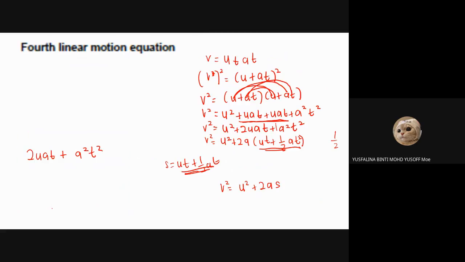For this part, I take out A already, and I know the value here is actually 1. So if I take out 2, the first part now only has U and T, because I already take out the 2A, right?